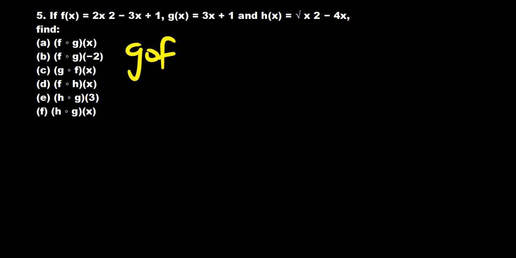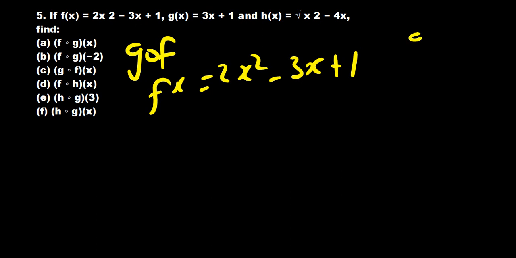We're saying f of x is equal to 2x squared minus 3x plus 1. Now we are inserting this into g of x. So this is like the opposite of the one that we did first. So what are we now going to have?